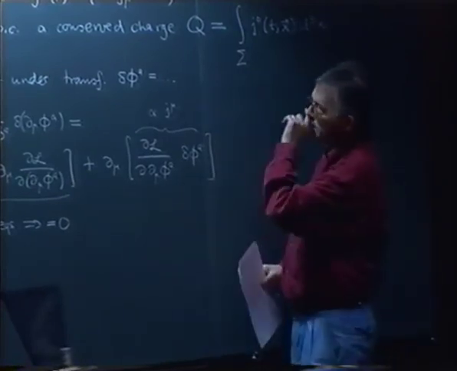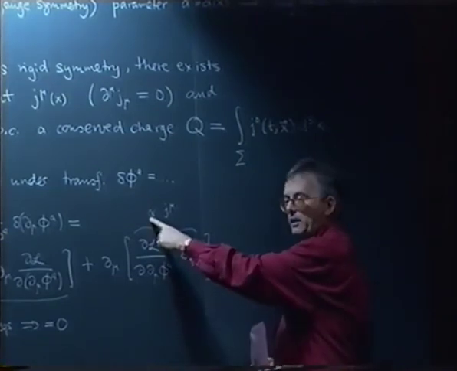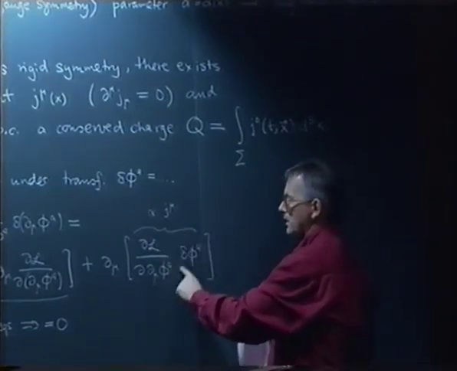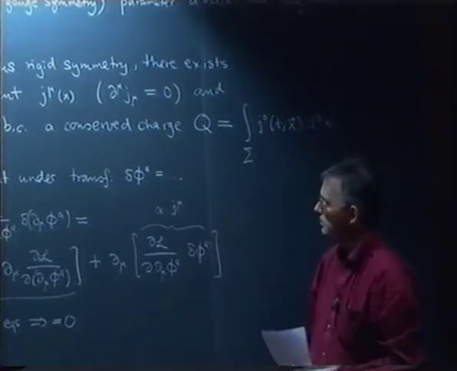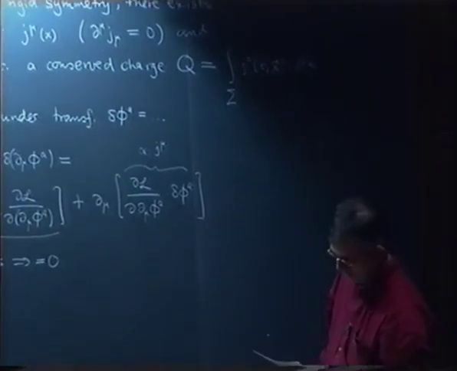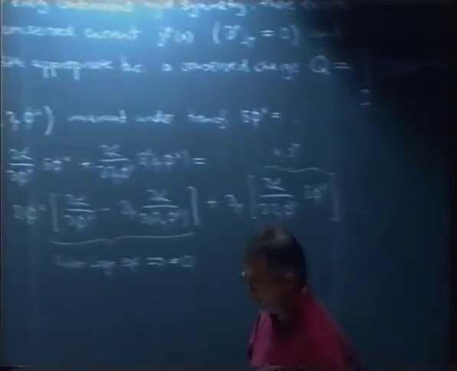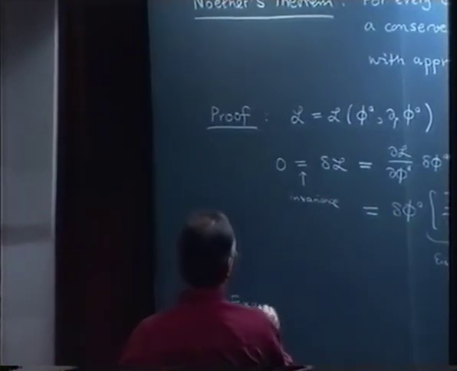Now, here the rigid plays a certain role, because if it's independent of x, then I can just pull out this transformation parameter and I get the statement that this is invariant. So, let's see how it works for example for QED.